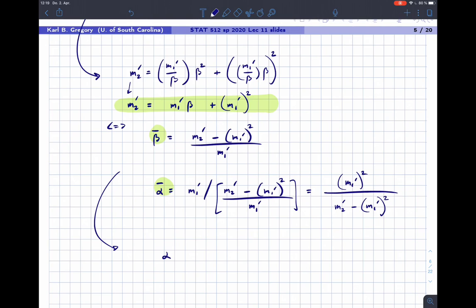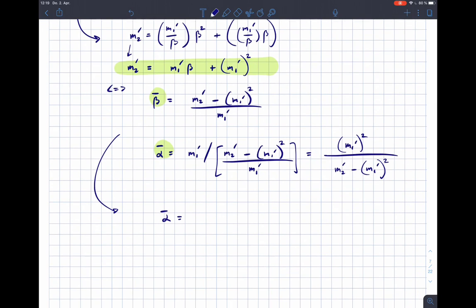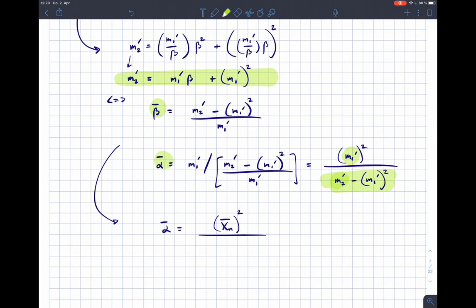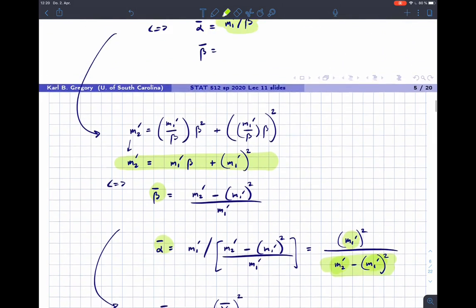All right, alpha bar first. So this M1, remember, is just x bar. So I'm going to get x bar squared divided by, and this thing we have seen before. We've dealt with the second sample moment minus the square of the first sample moment.